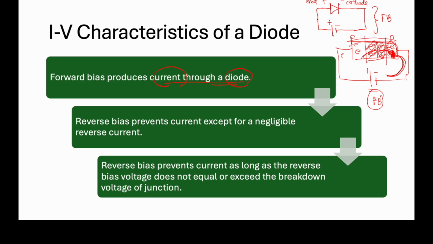However, if the diode is in a reverse bias configuration, except for a negligible reverse current, no current exists. So what is this negligible reverse current? If we remember what we learned in our previous slide, this is the IS, the saturation current. Let's draw the diode configuration here.